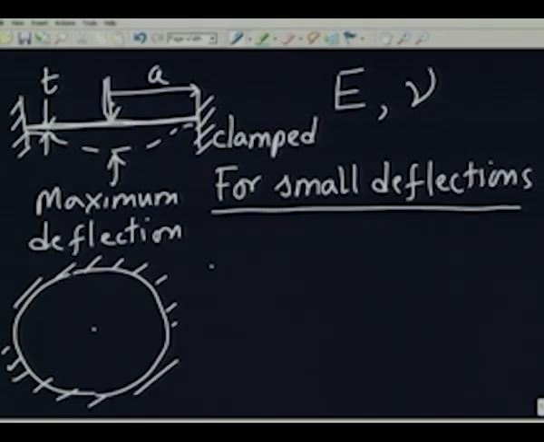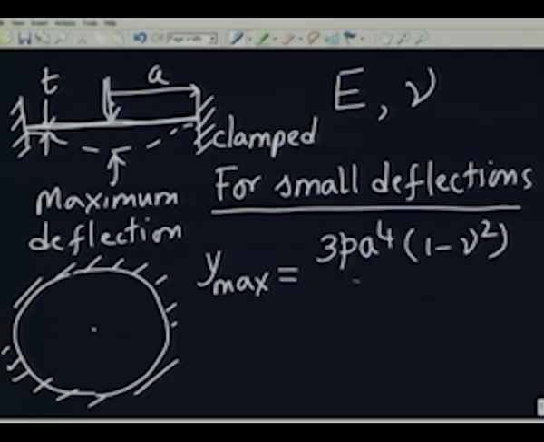So, Y max is given by 3 p a to the power of 4 multiplied by 1 minus nu squared, divided by 16 E t cube.